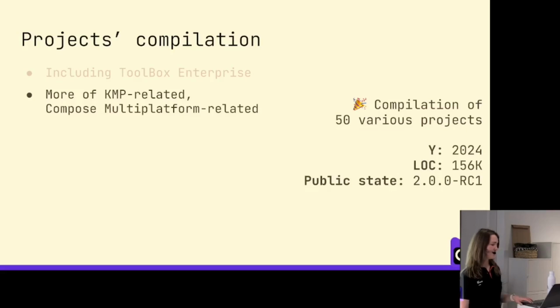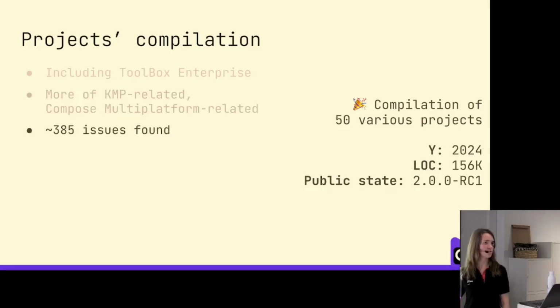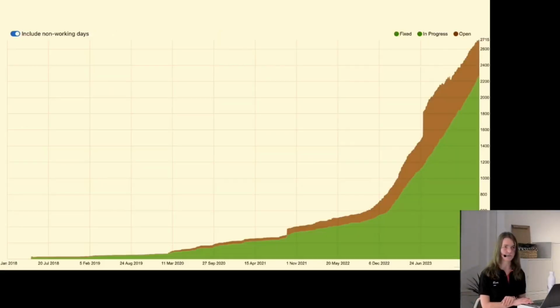And we did it 385 times like that. Figure out, minimize, localize. And it's a lot of work, but it's really worth it. Because in the end, we got not so many reports from our EAP champions, but this is a bit later.